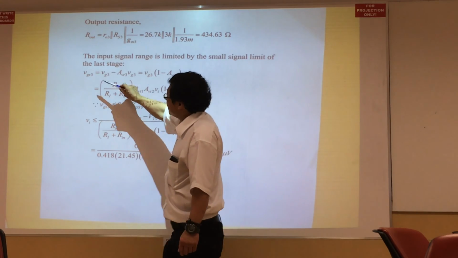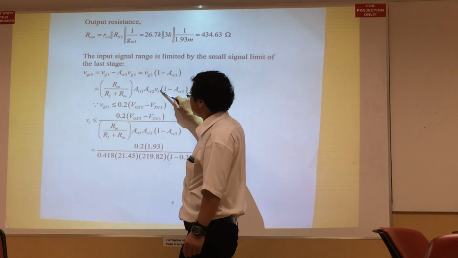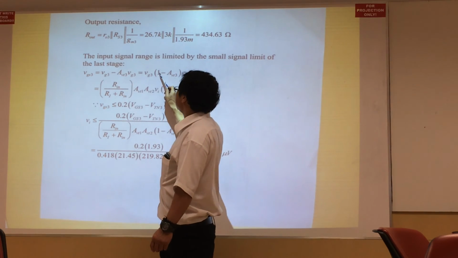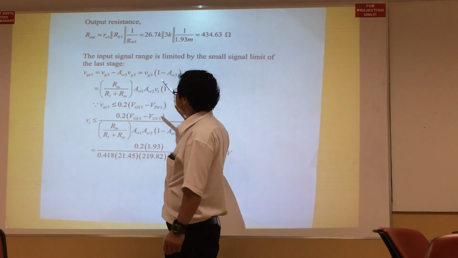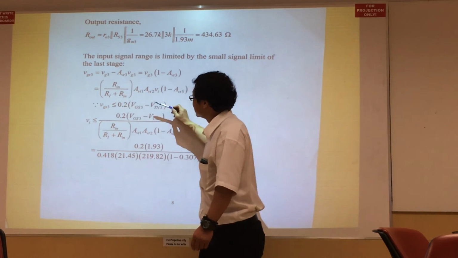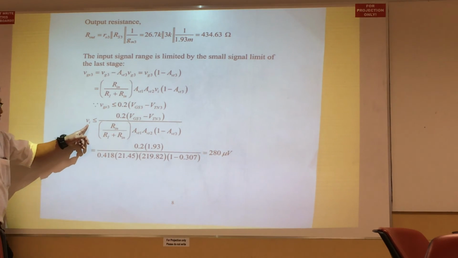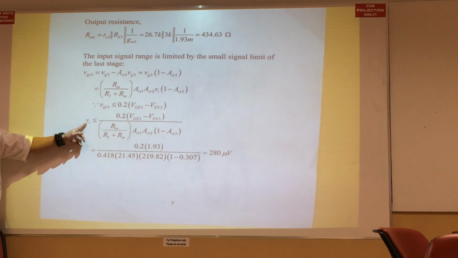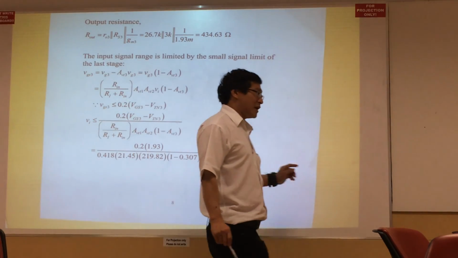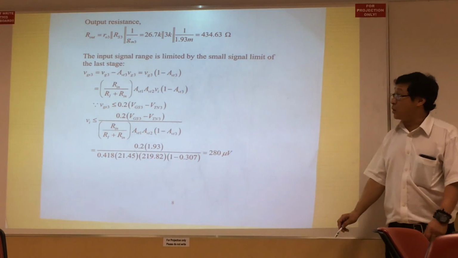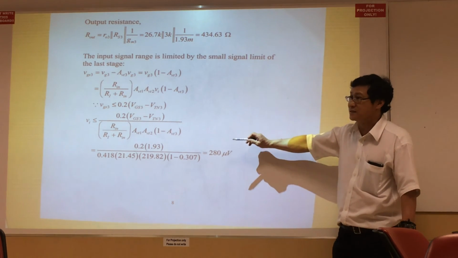So we relate this all the way to the input voltage by substituting into your VG3, because we can relate VI to VG3, and therefore we end up with this equation. Taking this equation, equate it with this equation, you have this equation here, and therefore you can find VI must be smaller or equal to 218 microvolt in order that the output voltage is linear.